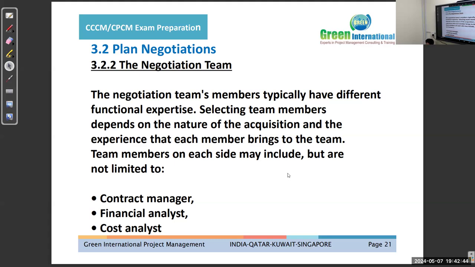He must understand that if he says yes, it will be yes from his company side, and he will not go back to anyone else to revalidate his decision. This negotiation team will negotiate many contracts. They will have negotiated earlier contracts also, and they have experience. Possibly these team members will consist of contract manager, financial analysis, cost analysis.